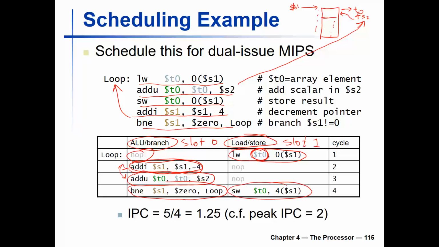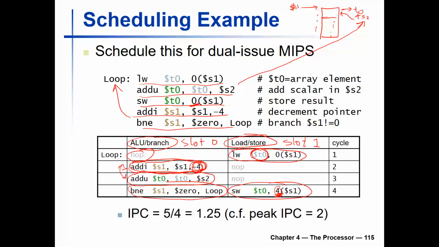Notice here the offset is -4, and when we stored it is 4. The reason it is 4 is that we have already decremented S1 by 4, so to return it to 0, we have to add 4 here to compensate for the -4 up here.